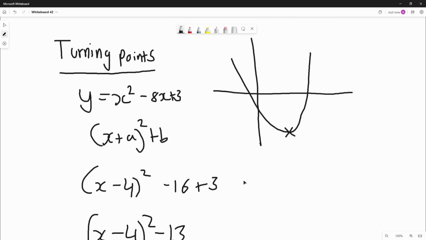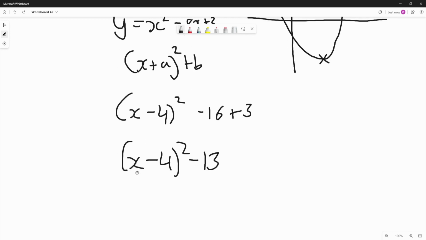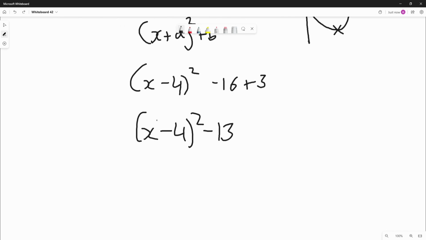Let's look at the graph. We want to find the minimum point. What is the lowest that this can be? Well, the lowest this can be is 0, because we are squaring it. You want to find what number x has to be to make this part a 0.